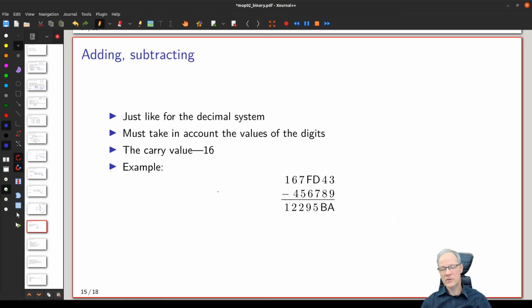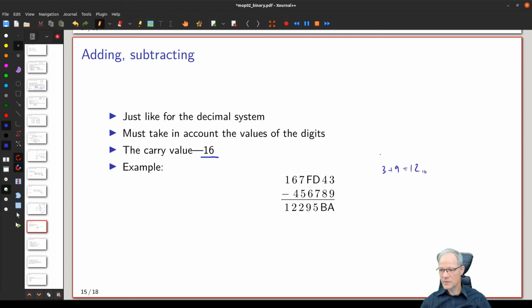Now, what if we want to add or subtract using a different system, such as the hexadecimal system? In fact, it's just like the decimal system. The only difference is that the value at which you need to do the carry is 16. So the carry value is 16 rather than 10 for the decimal system. Meaning that 3 plus 9 is 12 in decimal, right?